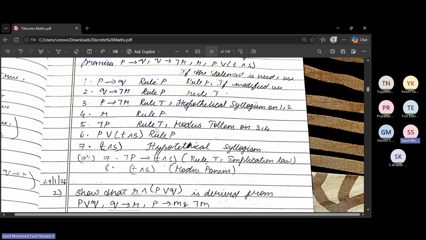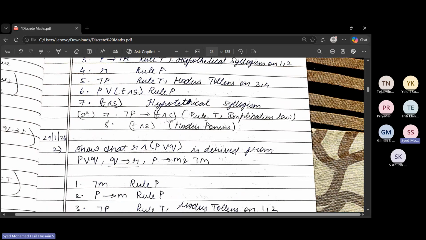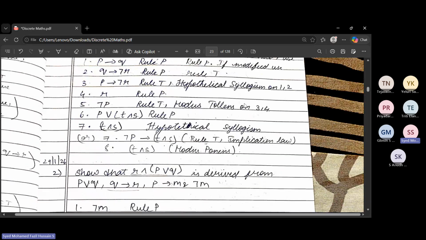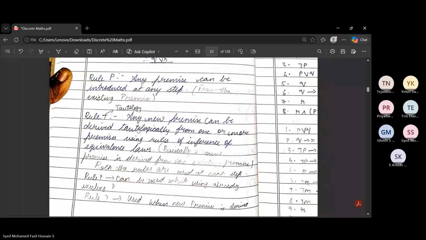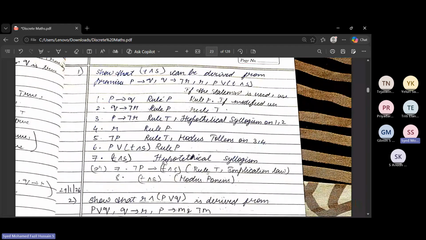So finally, we have derived from these premises that T or S is true. We have used the laws from above to derive the final conclusion.